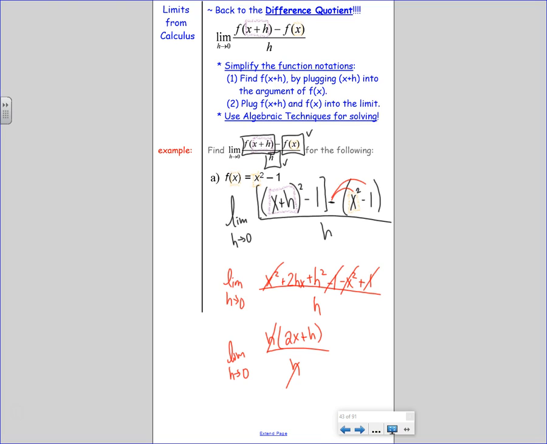But wait, we've been continually writing limit because we have not been able to solve yet. But what can we do right now? Plug in 0 for only h. And what is left? You have found your first derivative. What? You have found your first derivative.